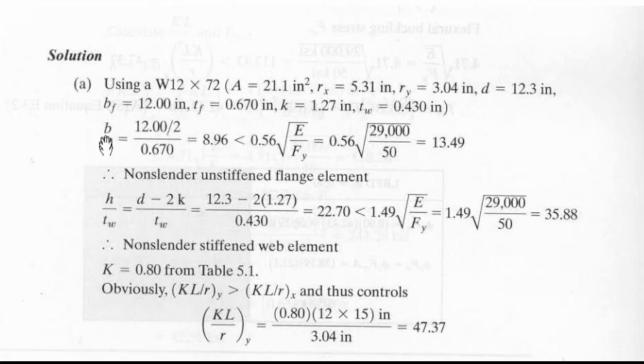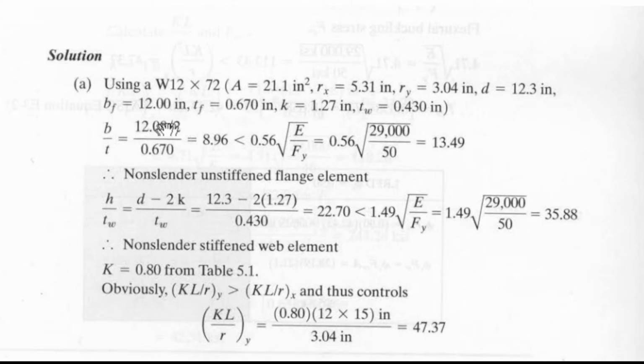So therefore, we can immediately find out B over T. That is what? 12 divided by 2, because we are from the center, not from the edge to edge. Take note of this. So BF, or the flange width, is 12, but we have only to use half of that.